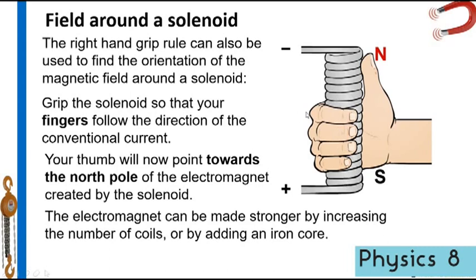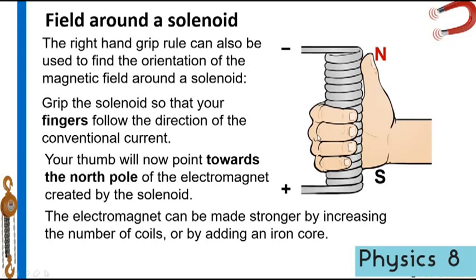Grip the solenoid so that your fingers now follow the direction of the conventional current. Now, this is slightly different to the application of the right-hand rule that we saw earlier, because when it came to the straight wire, the fingers represented the direction of the magnetic field.